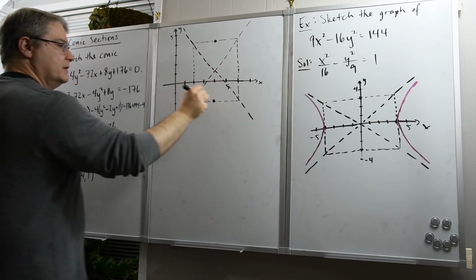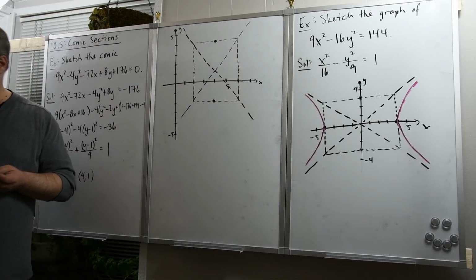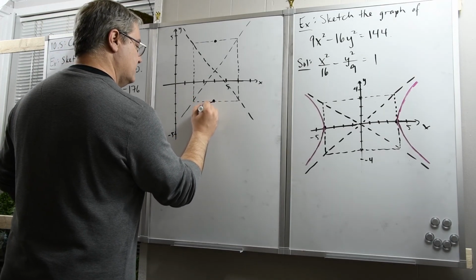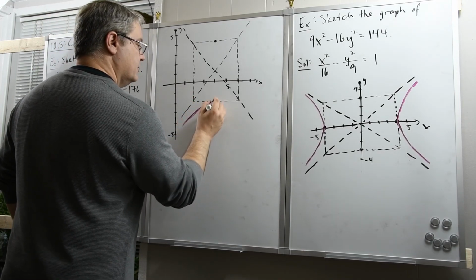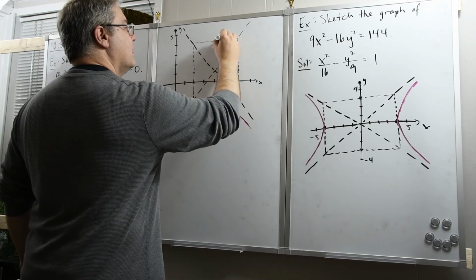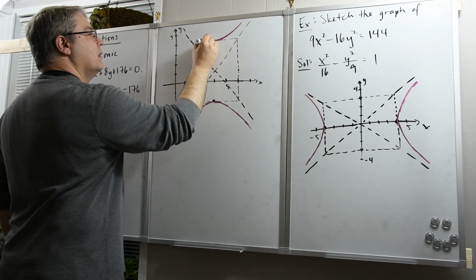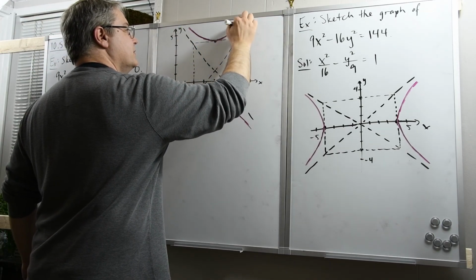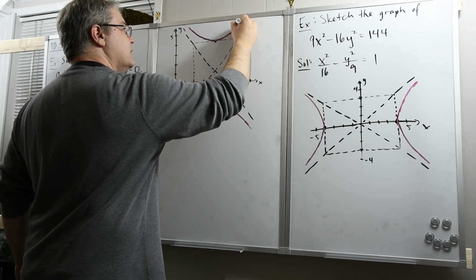We have the vertices listed here and there. And next step is to draw the hyperbola using these extended diagonals as asymptotes. And so what you're seeing in purple is just a sketch of this hyperbola.